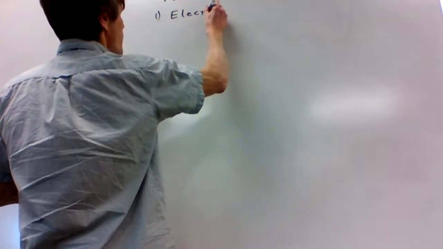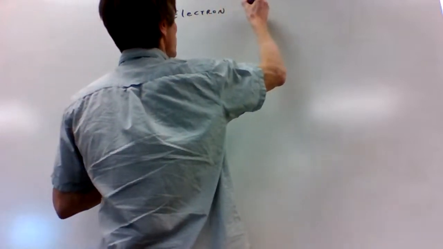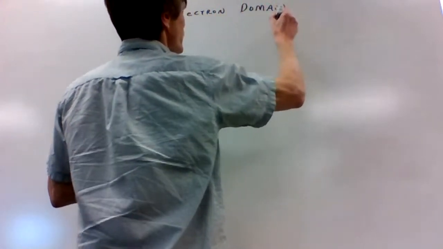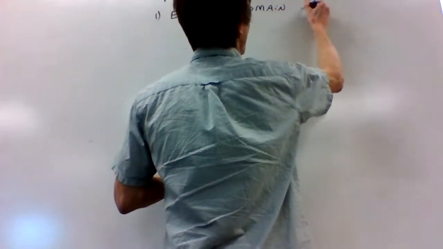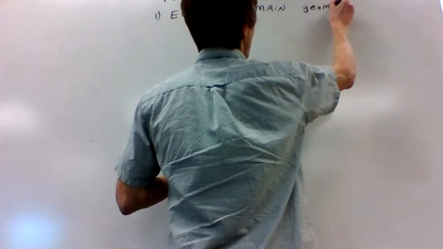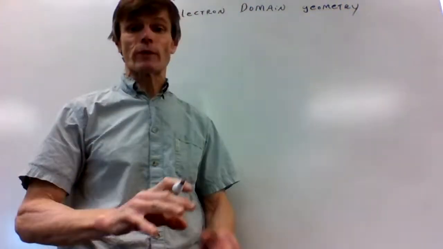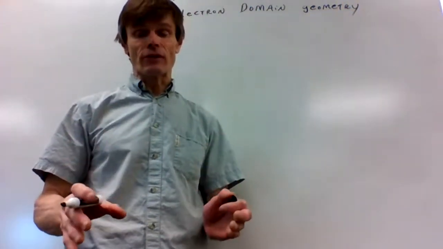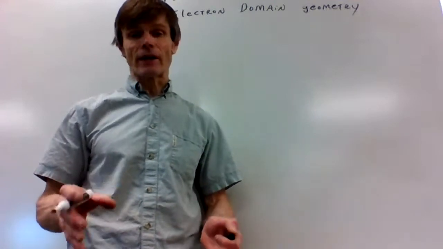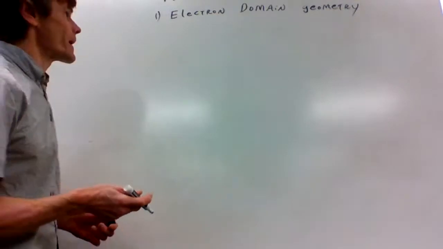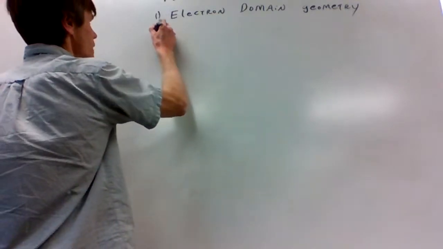An electron domain geometry accounts for the distribution of regions of electron density about a central atom. And we described 5 basic geometries to maximize distances between regions of electron density to minimize the repulsive interactions that these negatively charged regions have.